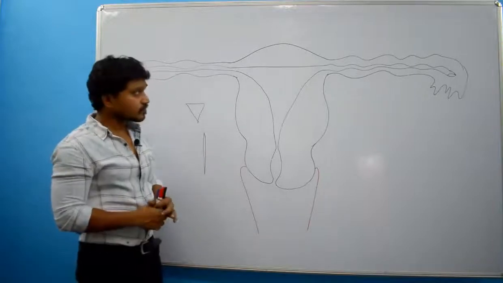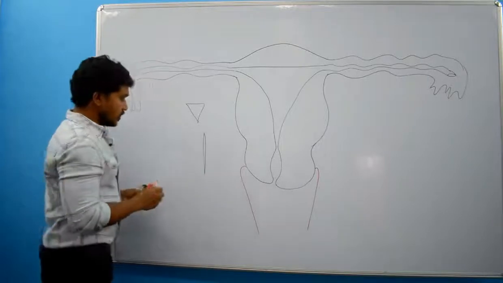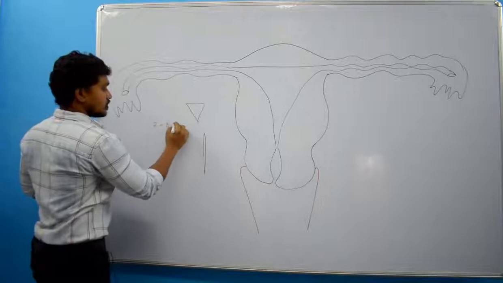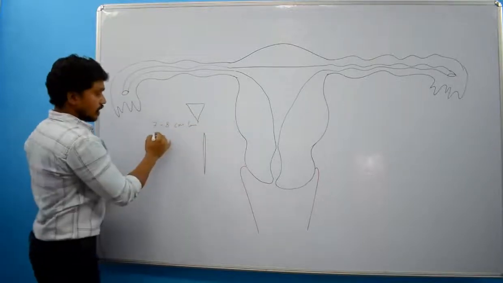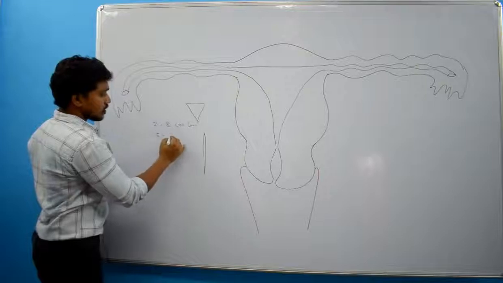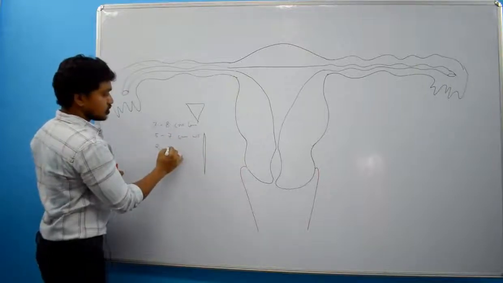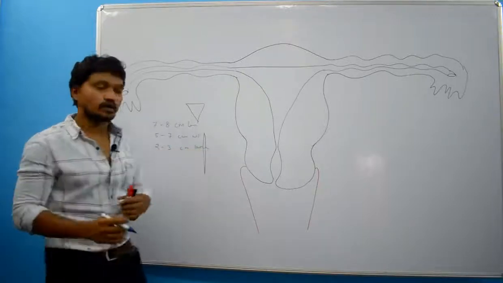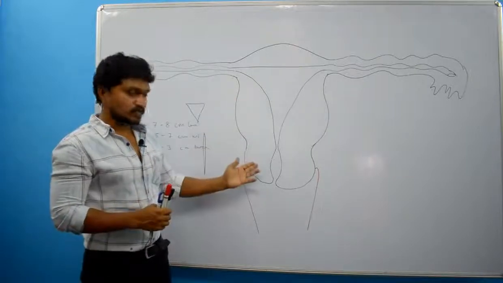Then, if you take the measurements of the uterus, it is 7 to 8 centimeters long, 5 to 7 centimeters wide, and 2 to 3 centimeters thick.